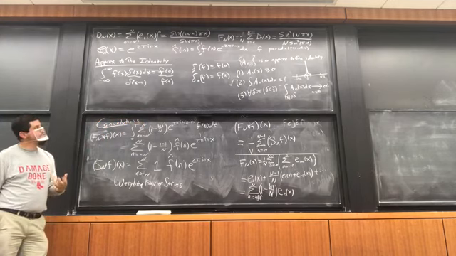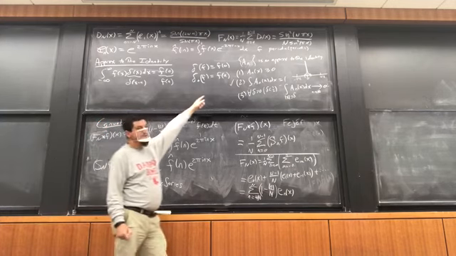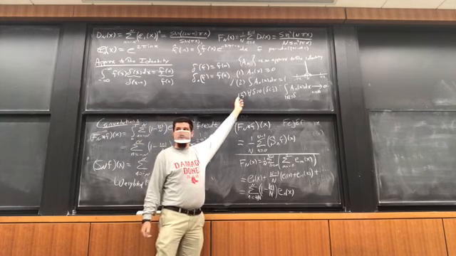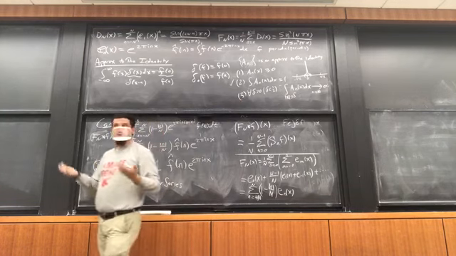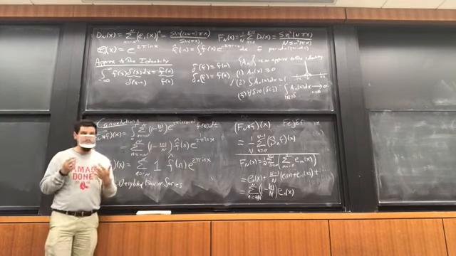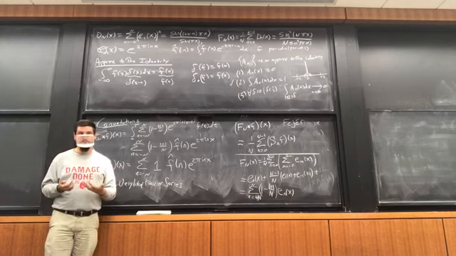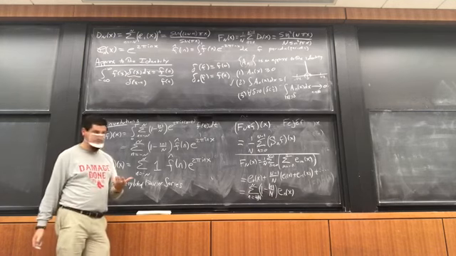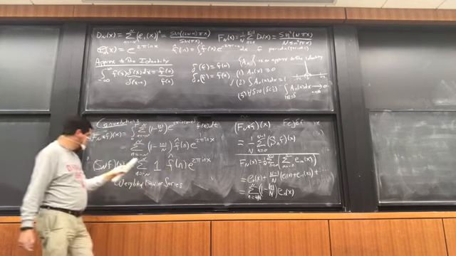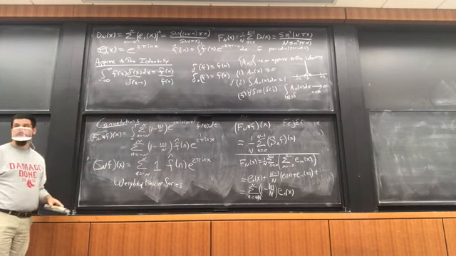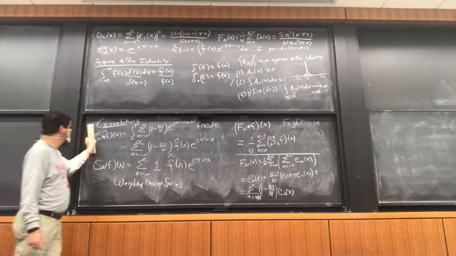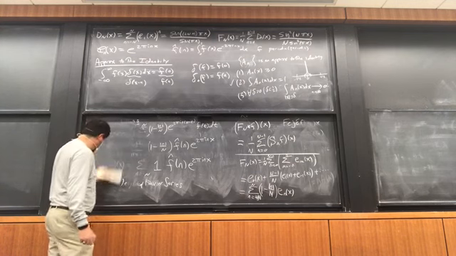Those functions F_N, what are they? They're an approximation to the identity. So we should try to prove a result about approximations to the identity. And if that's true, then it will be immediately true for the weighted Fourier series, because the weighted Fourier series is just a special case.